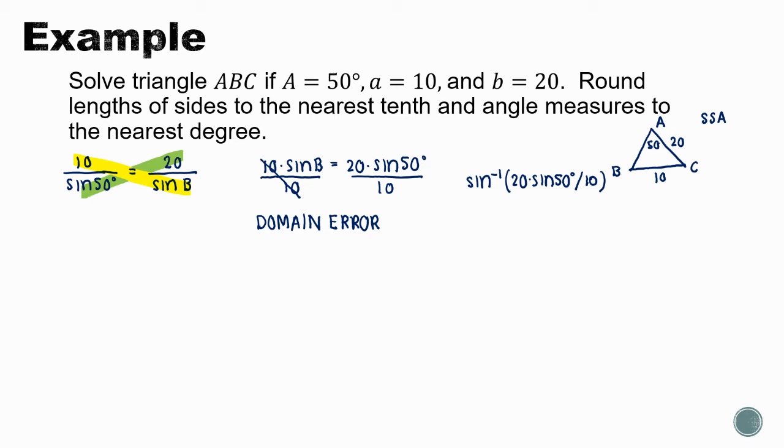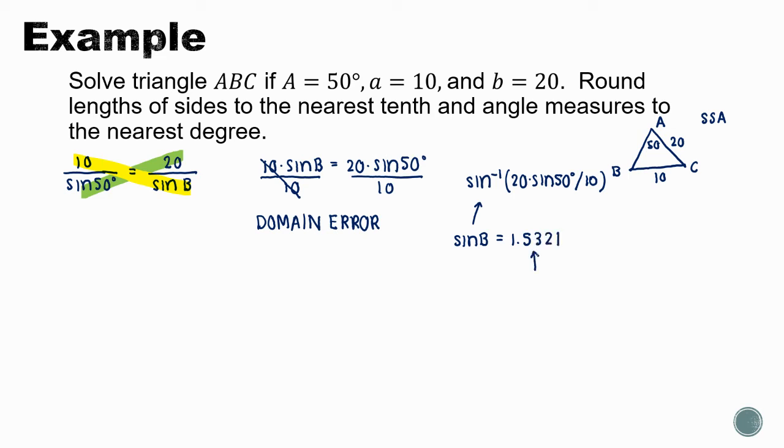That's because if I didn't actually put all of that into the calculator, if I just did 20 times the sine of 50 and divided it by 10, so prior to this step here, if I still had the sine of angle B equals, but then I did 20 times the sine of 50 divided by 10, you would get approximately 1.5321.